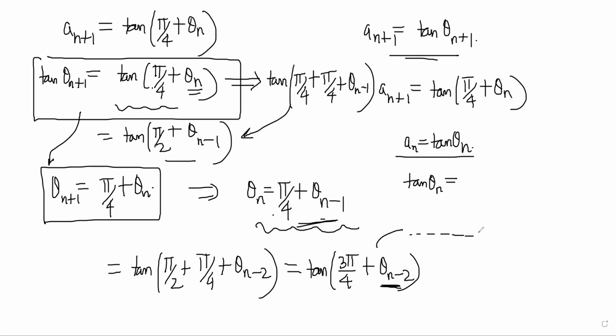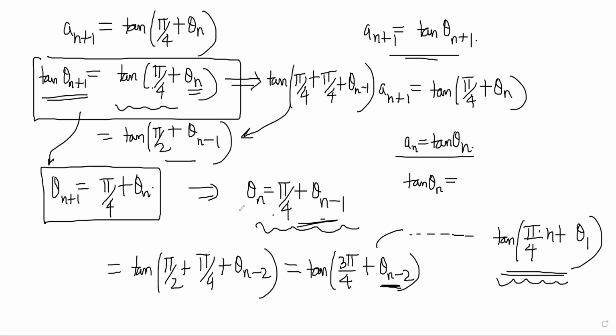And what you will end up getting at the end of this sequence is tan of pi by 4 times n plus theta 1, right? So what we get at the end is tan theta n plus 1 is equal to this. I hope you understand the sequence of things that happened. Because of this relation, theta n plus 1 can be written like this, and we are replacing each theta n with a smaller theta n minus 1, theta n minus 2, and therefore pi by 4 keeps adding in each step.